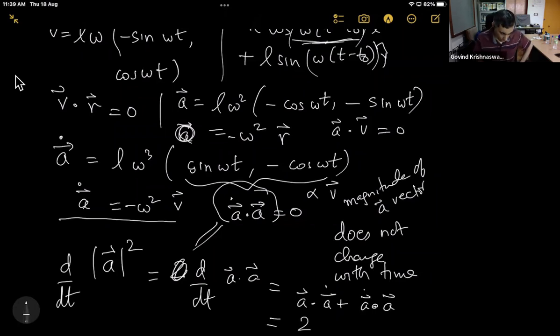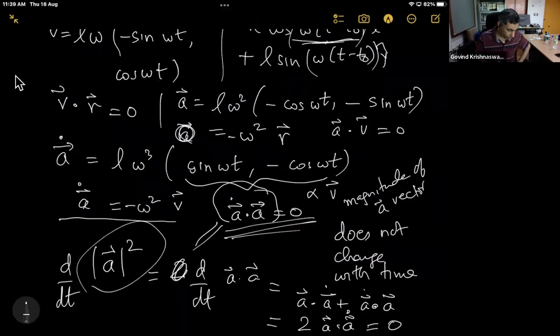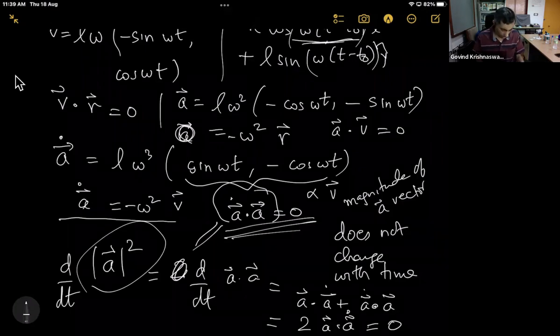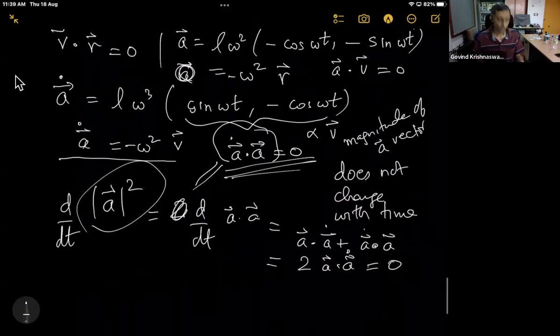So this is simply 2 A dot A dot. And what we have deduced separately is that this dot product is 0. And therefore, the magnitude of the A vector cannot change with time. This is also what we observed, generally speaking, not specifically for acceleration. So that is one interpretation for uniform circular motion.